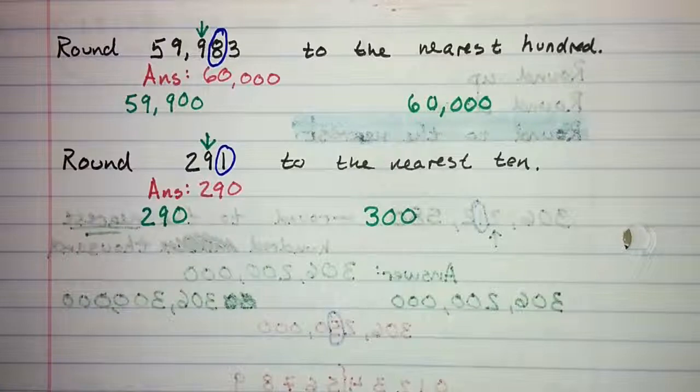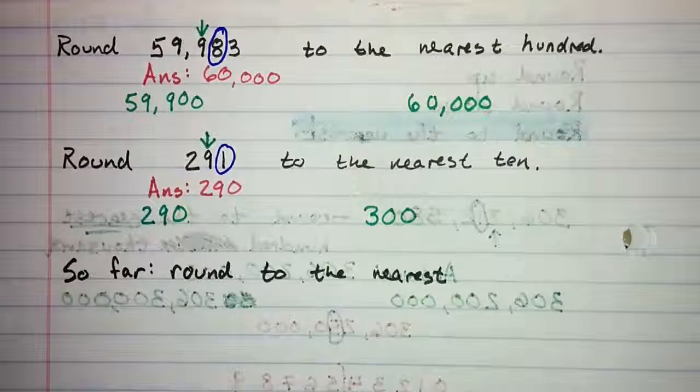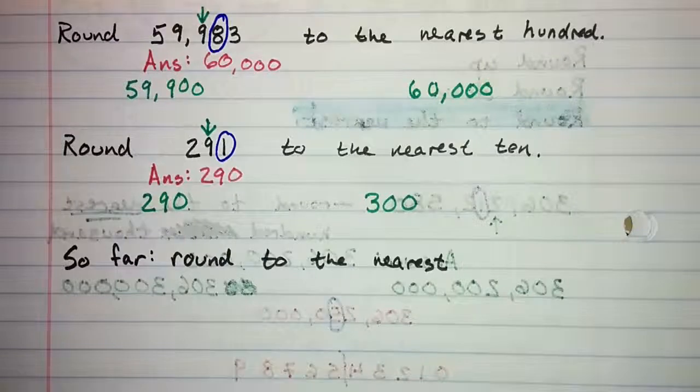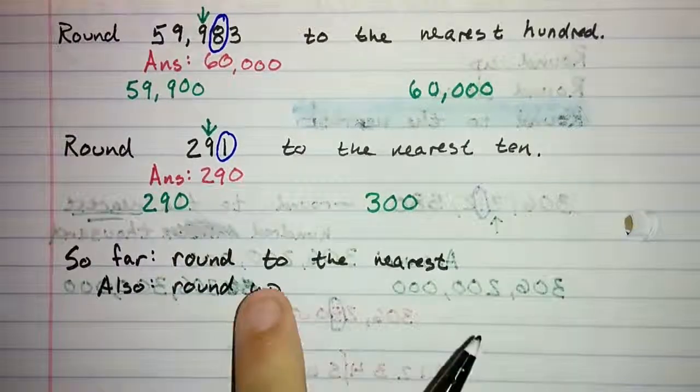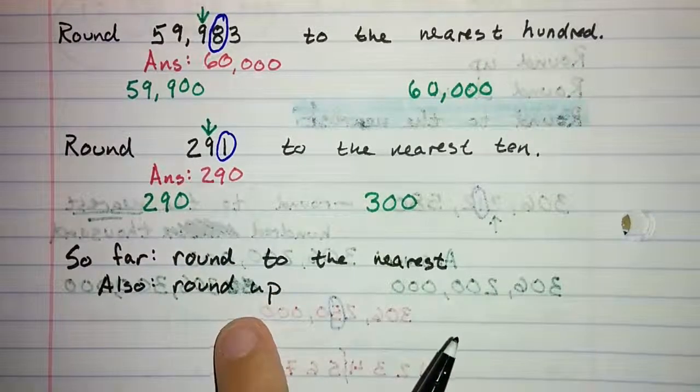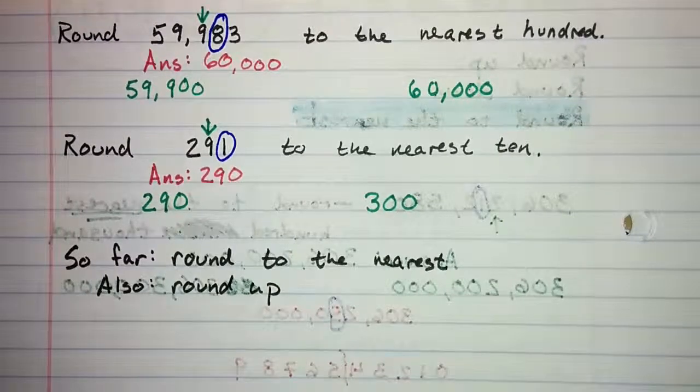Now, I said that there were actually 3 kinds of rounding, right? I said that there was rounding to the nearest. That's what we've been doing so far. Sometimes we might want to just always round up. We'll want to do this if an underestimate is super bad, but we don't care about overestimates.